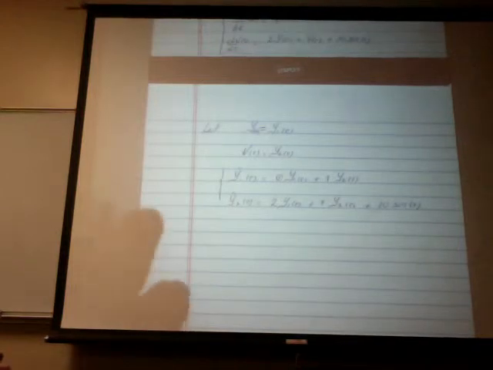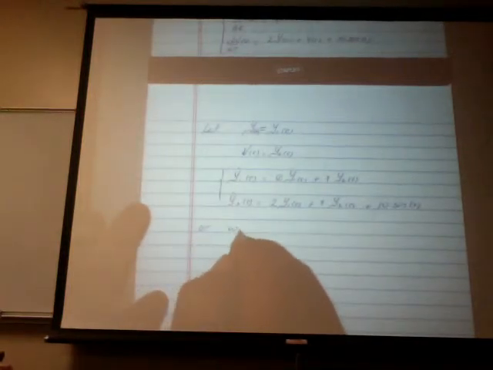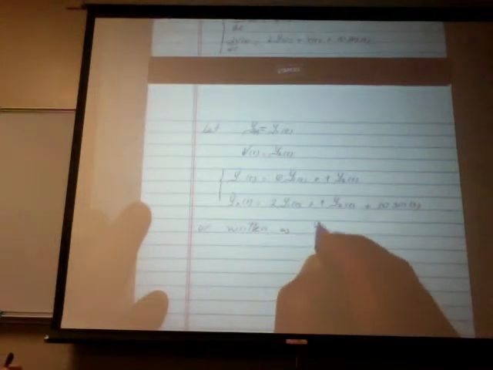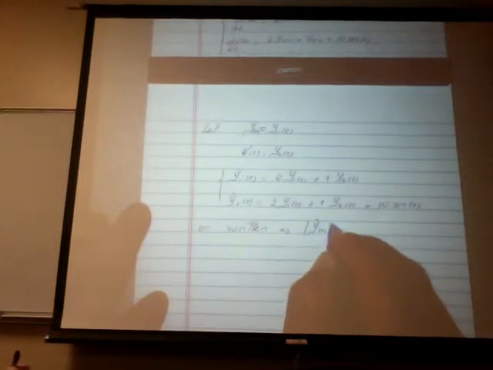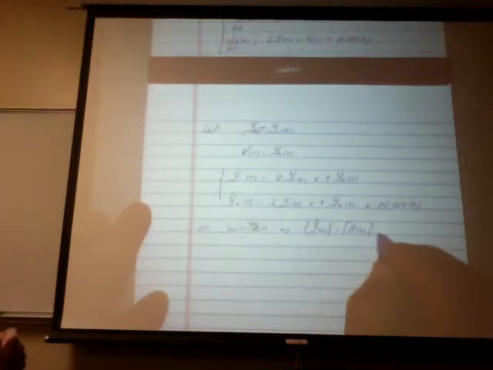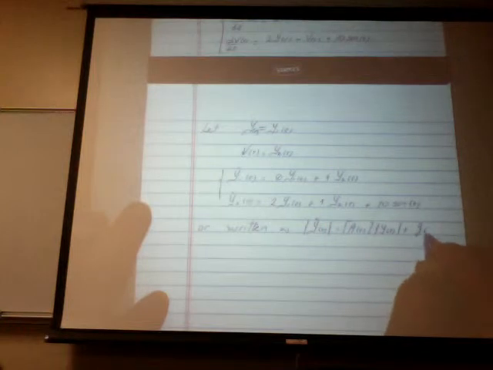We can write this as y dot of t equals A times y of t plus g of t.